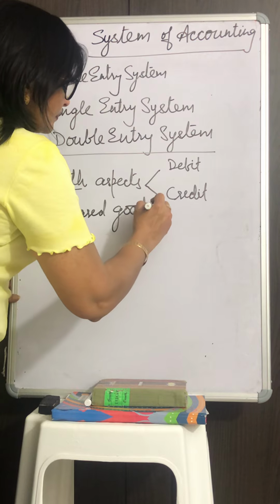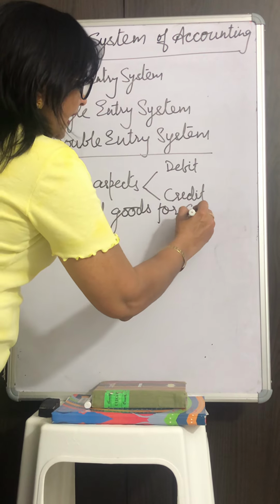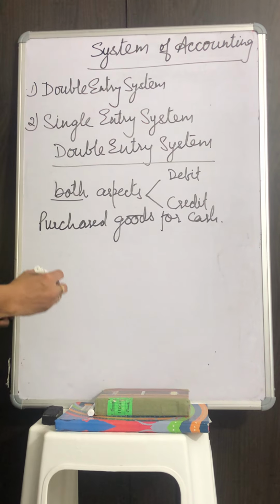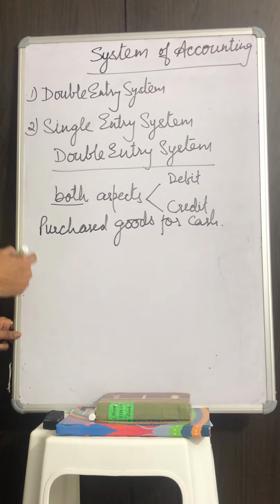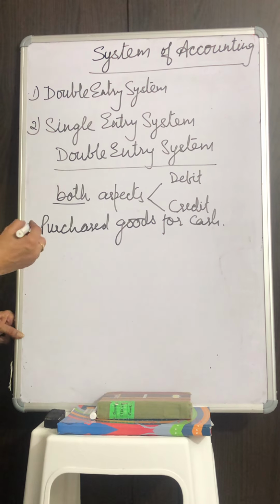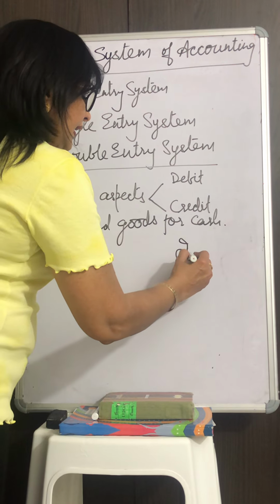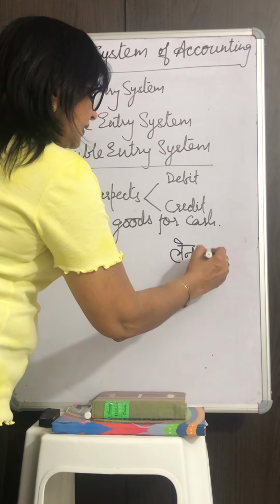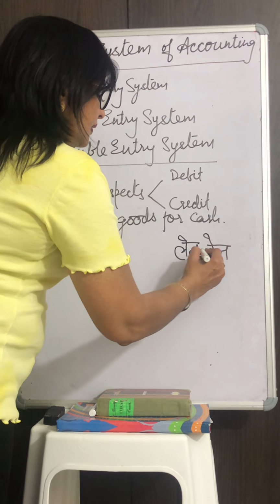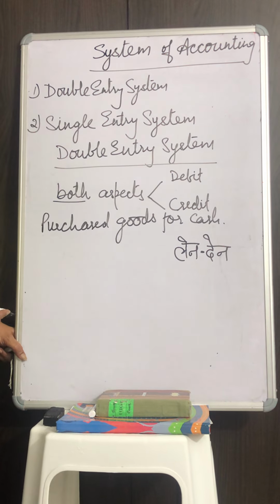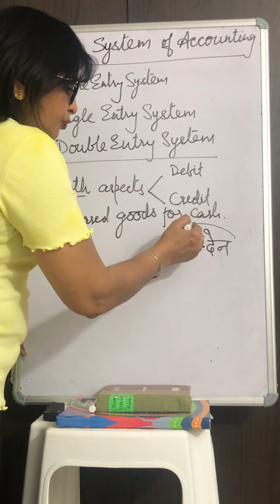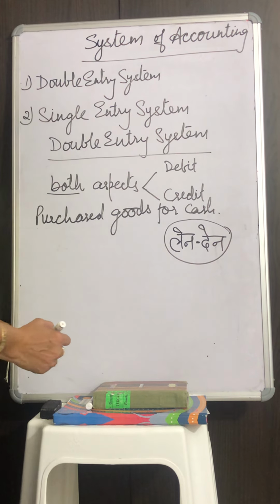goods for cash. For example, this is a transaction. If you remember, I have discussed with you specifically a word len den. Transaction means which includes both len and den.